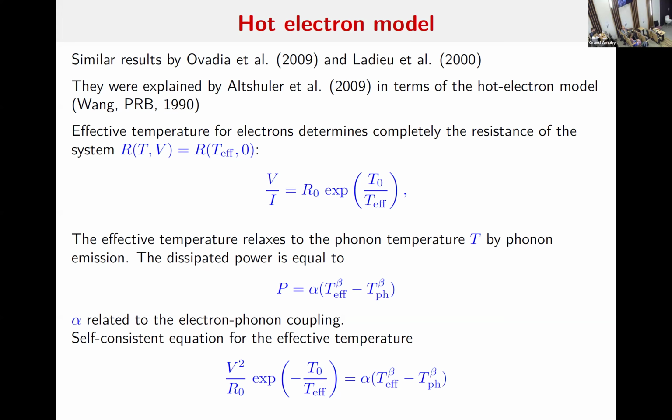You have to solve this equation for the effective temperature. It cannot be solved analytically, but you can solve it numerically. And the curious thing is that there is not just one solution. In some regimes, there are 3 solutions.